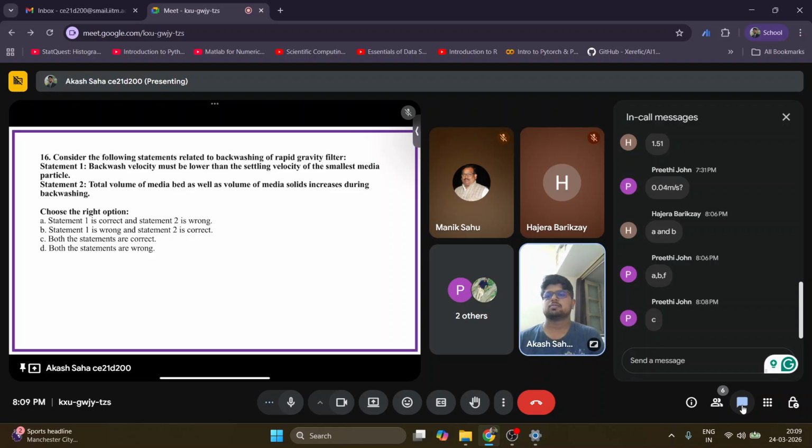Next, there are two statements regarding the backwashing of rapid gravity filters. Backwash velocity must be lower than the settling velocity of the smallest media particle. Total volume of media bed as well as volume of media solids increases during the backwashing.